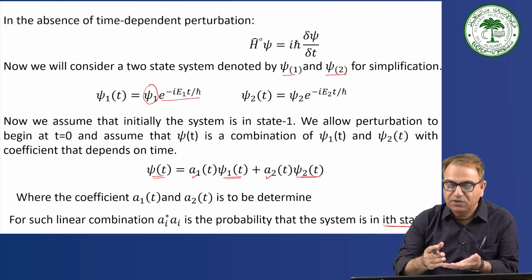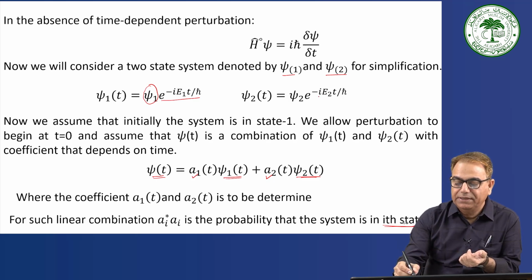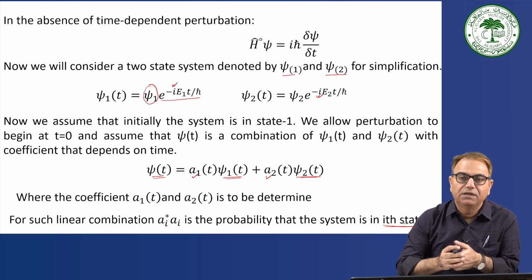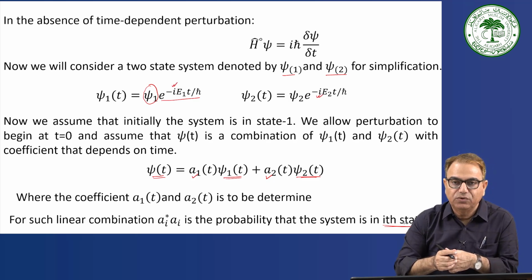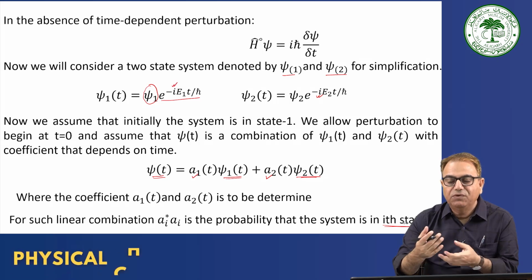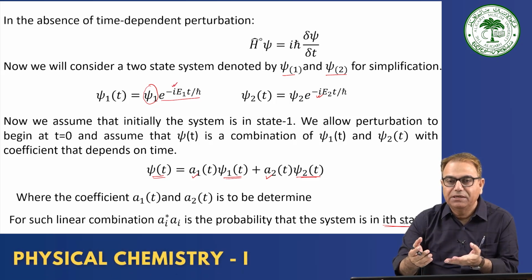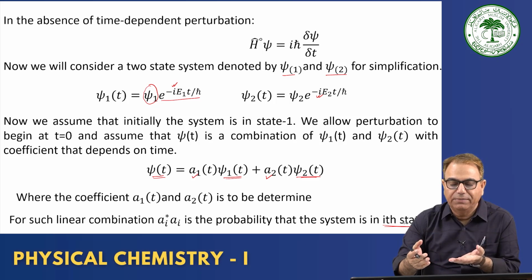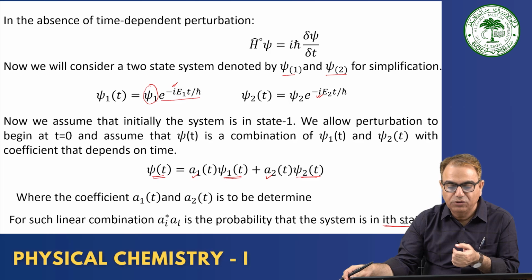I say star because the time dependency is a complex, imaginary function, so you take the complex conjugate. And if you want to find out how much of the molecule has migrated from the lower energy state to the upper energy state, it will be a2 multiplied by a2 star. That will give you the probability.